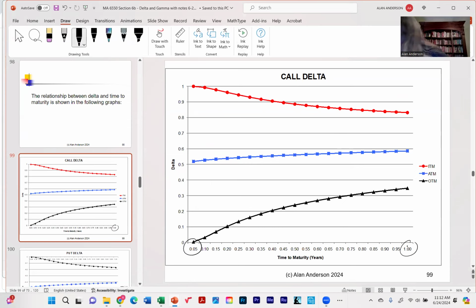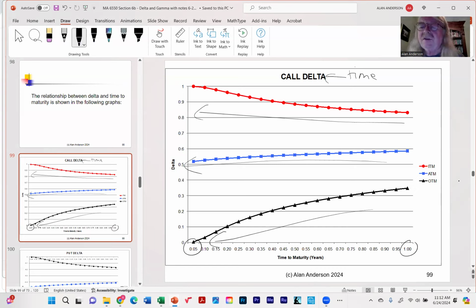Here, I'm right on the cusp of the maturity date. So you have to read this graph from right to left. So here, this one is in the money, and it's getting close to 1. Out of the money, it's getting close to 0. And at the money, it's converging to a half as time elapses. So time is elapsing from right to left.